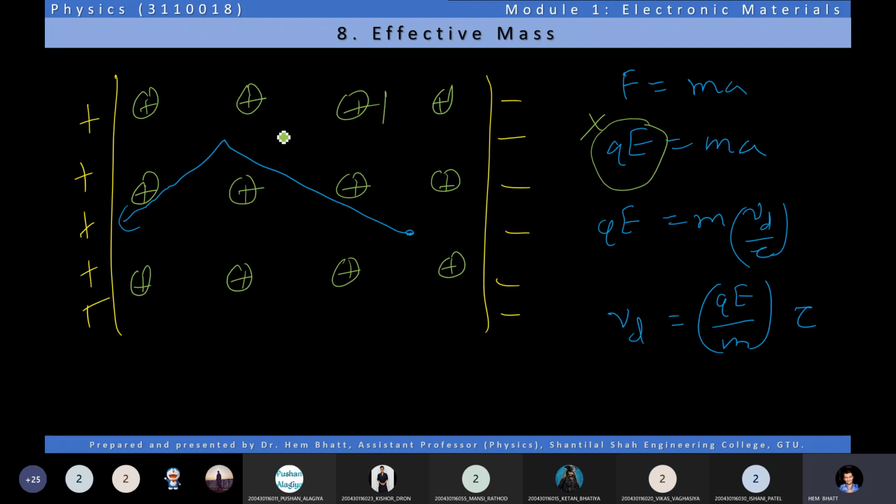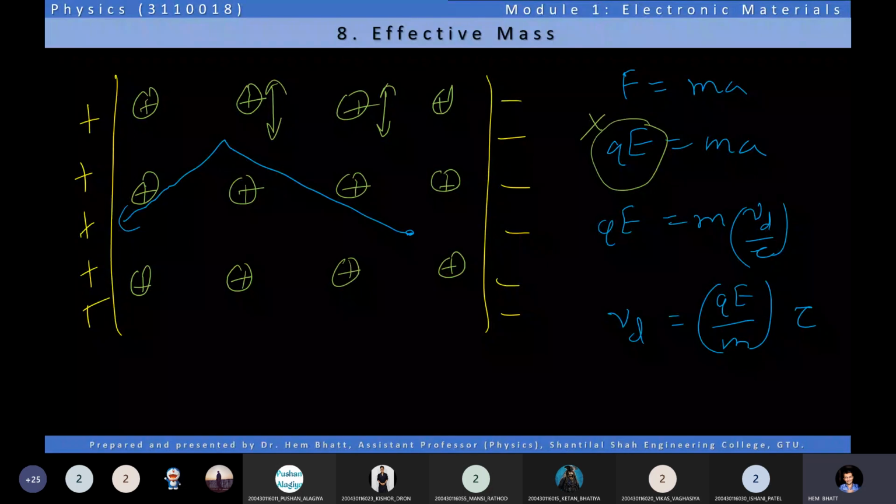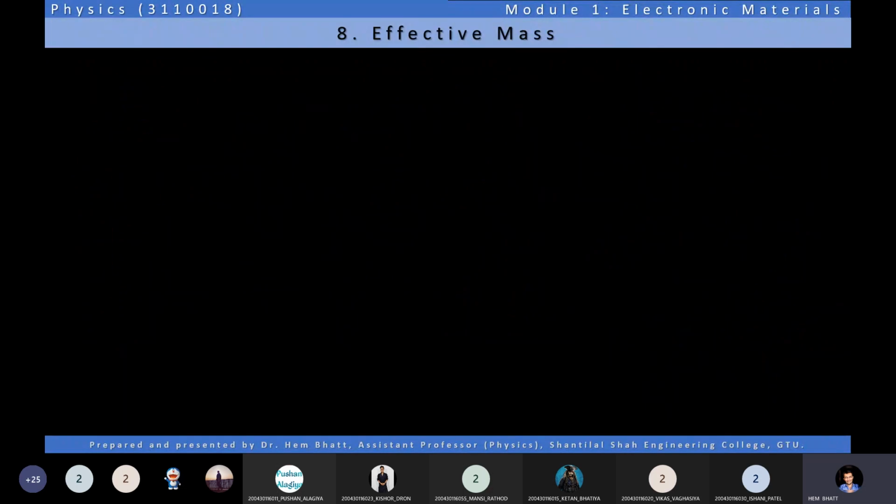Because all these oscillations will exert a force on the electron or not? Yes sir. And that is why you have to consider that force. So effectively, when you are talking about an electron, it's not wrong if you write F is equal to ma, but which F?